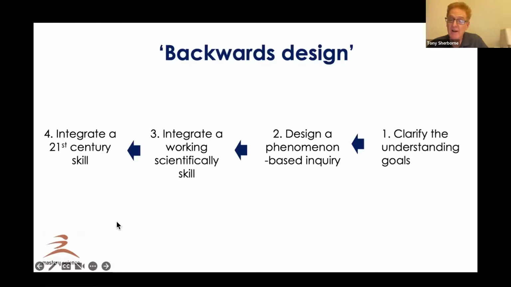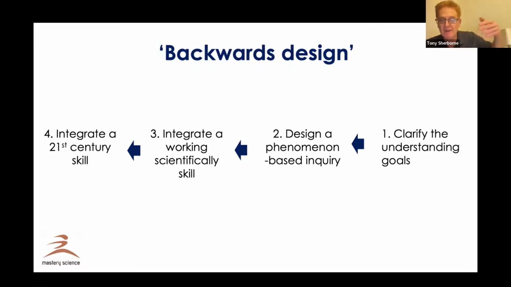And we're going to add them one at a time. So we're going to start off with the understanding, which is step one, the one on the right. We start off with the most fundamental one, which is the big idea understanding, because that's what the whole curriculum structure is based on. And then we start working backwards and say, well, if that's the goal, what kind of phenomenon, what kind of inquiry would lead us towards that concept?